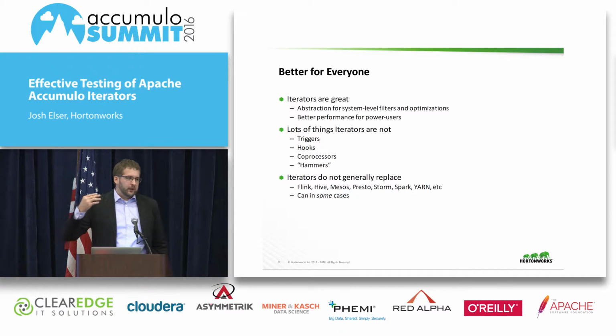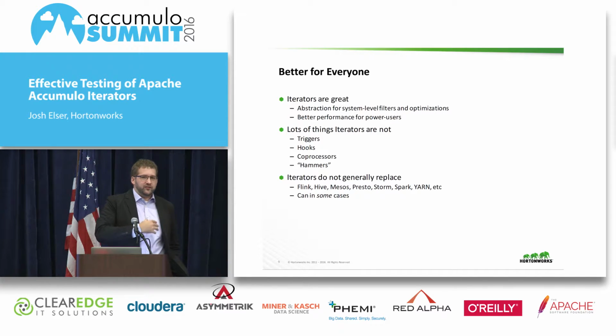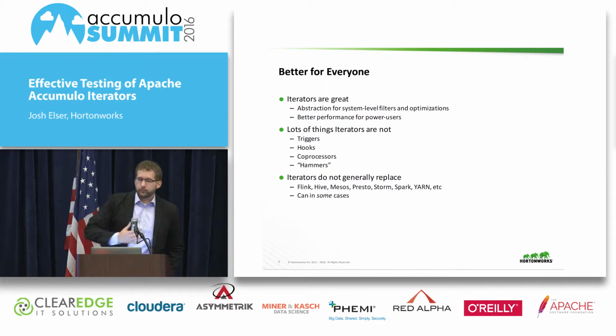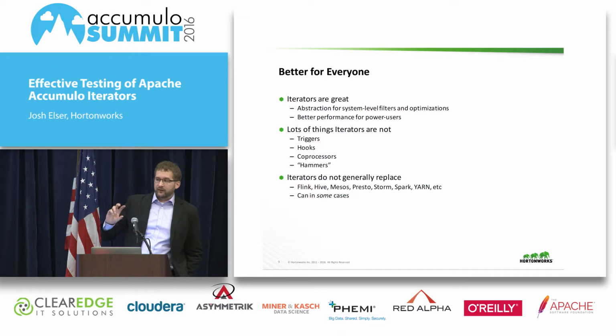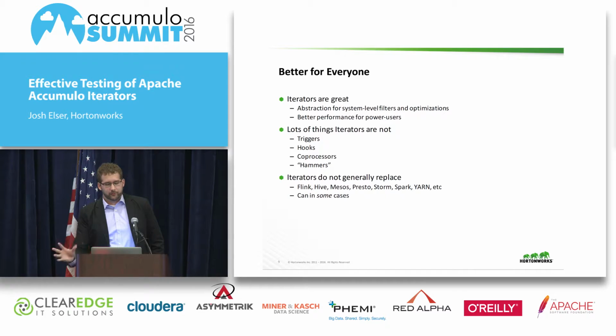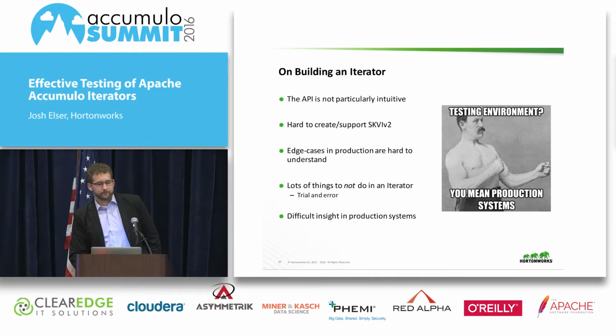But most of the time, if you have some distributed computation where you want to run a join across a 10 terabyte table, iterators are probably not going to be the way to do it. However, there are some caveats where, given a very constrained problem set, we can actually represent these problems in iterators. But in general, it's good not to think of iterators as replacements for these other things.